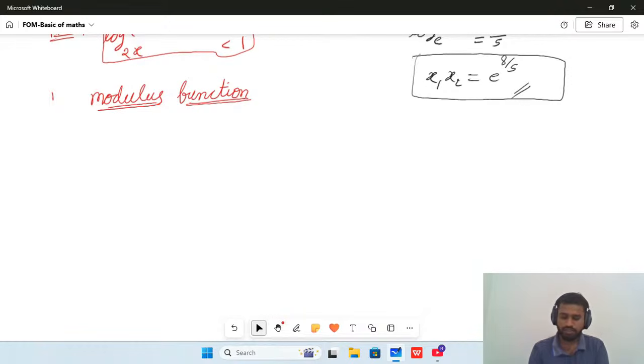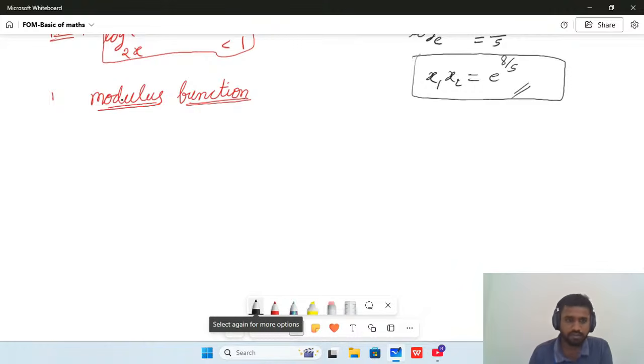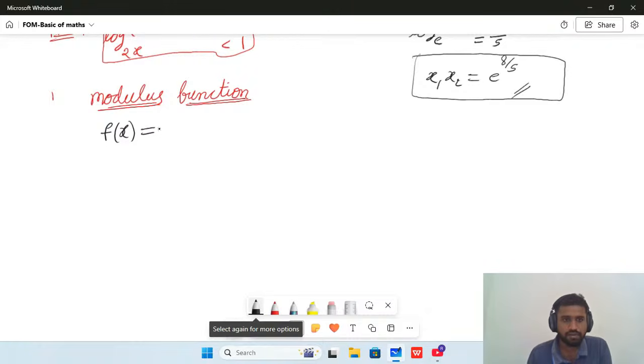Okay. So modulus function. How to denote this modulus function? f of x equals mod x.